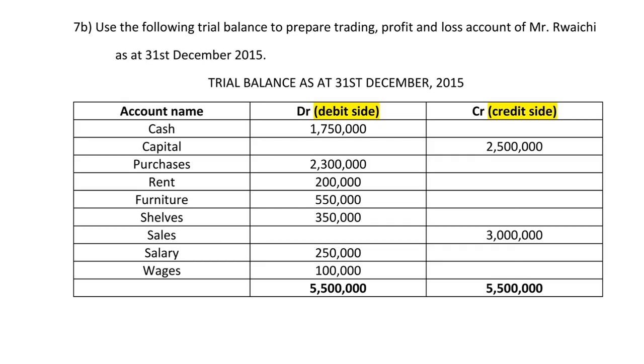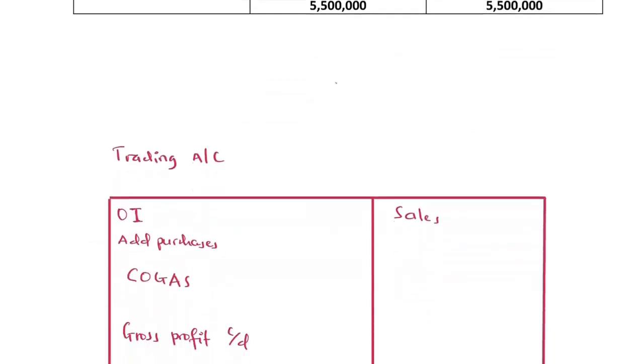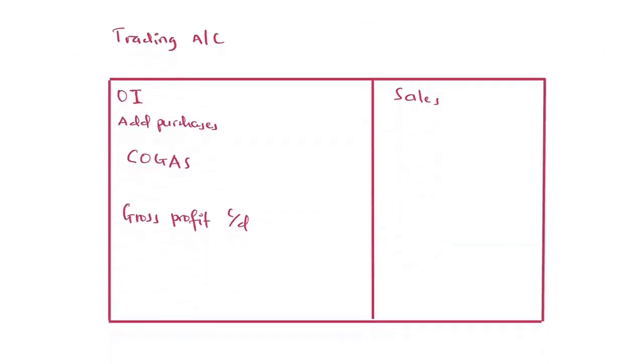Then let us start with the trading account. Okay, so just a recap, a trading account involves determination of a gross profit of a business. So we are going to sketch our trading account, which is going to have two sides, the debit side and the credit side.